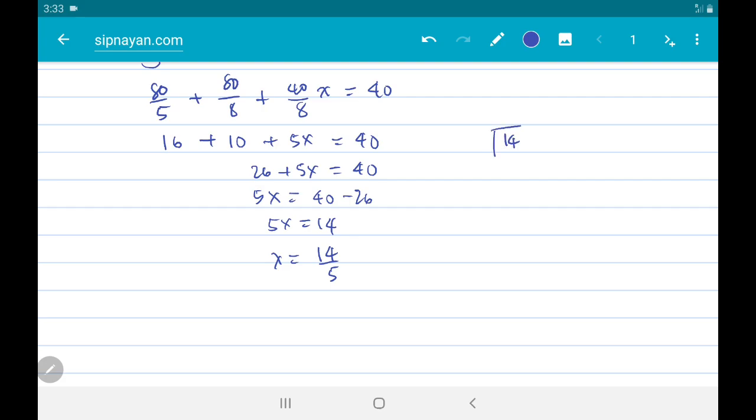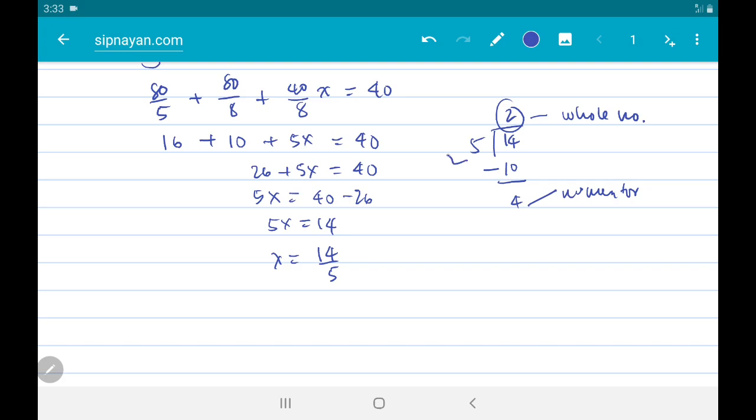So 14 divided by 5, that's 2. 2 times 5, that's 10. 4. So pag nag-convert tayo ng mixed fraction, improper fraction to mixed number, we just divide. Tapos kunin natin to bilang whole number. Tapos ito yung ating numerator.